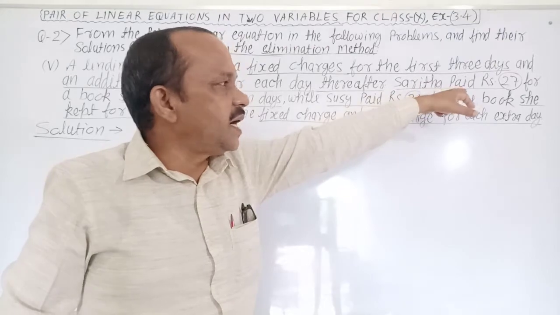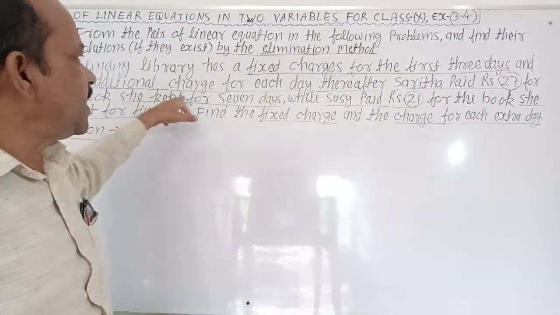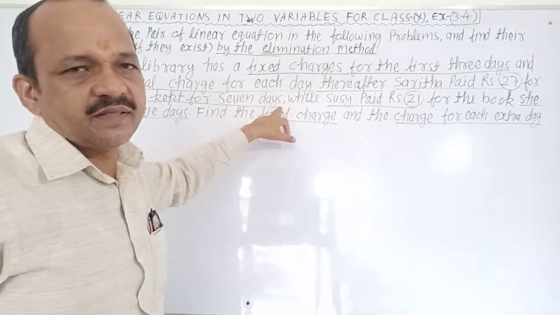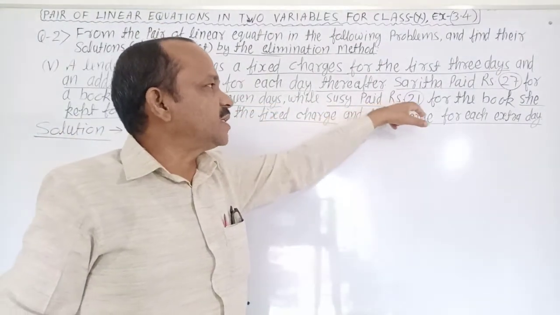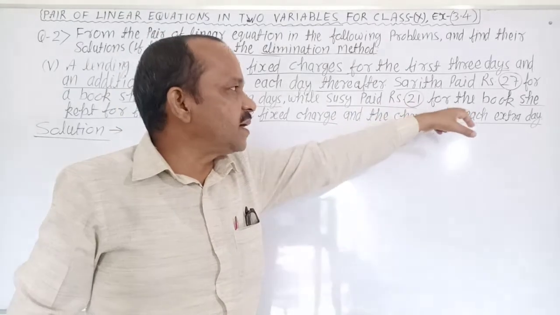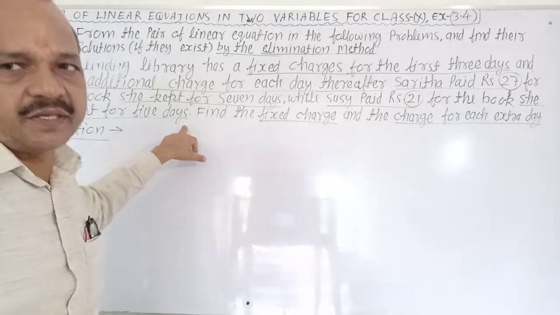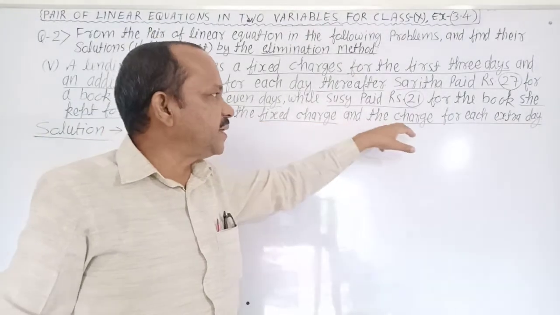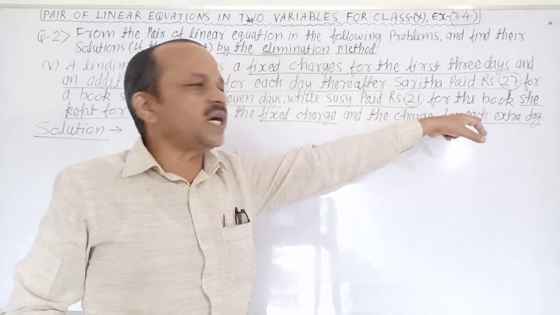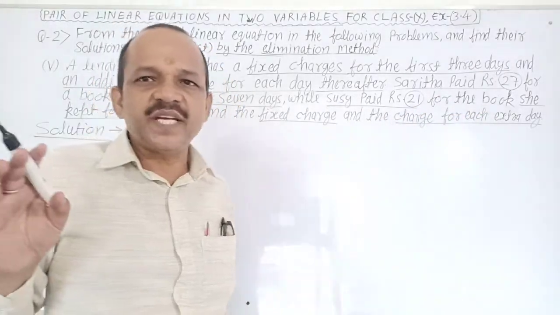Sarita paid Rs 27 for a book she kept for 7 days, while Susy paid Rs 21 for a book she kept for 5 days. Find the fixed charge and the charge for each extra day. The question is clear, no confusion about it.